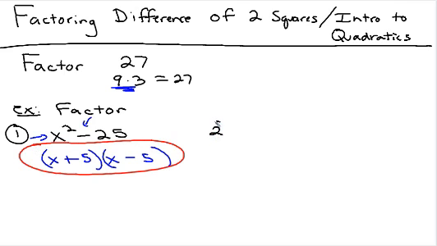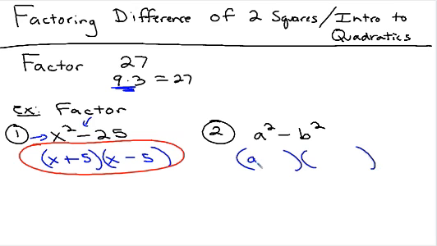So let's do another problem. What if we had a squared minus b squared? A squared minus b squared is as easy as we think it is. This just factors into a plus b times a minus b.